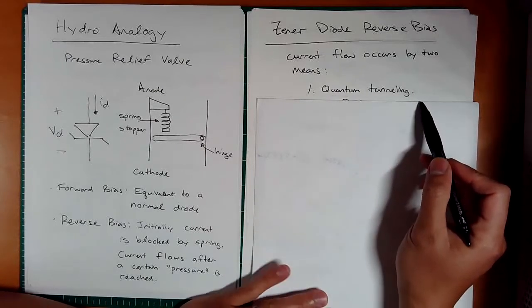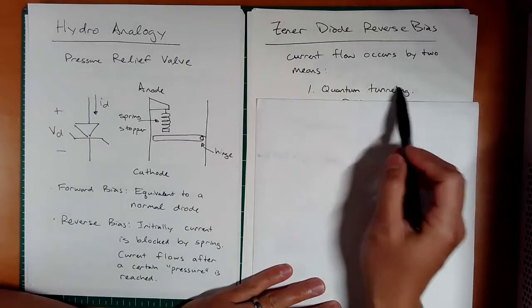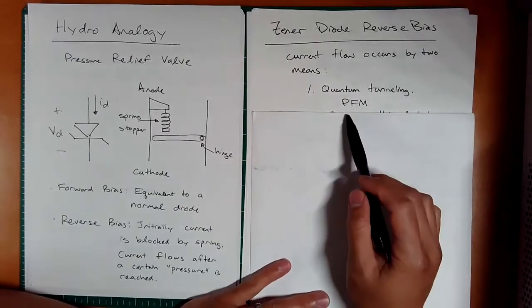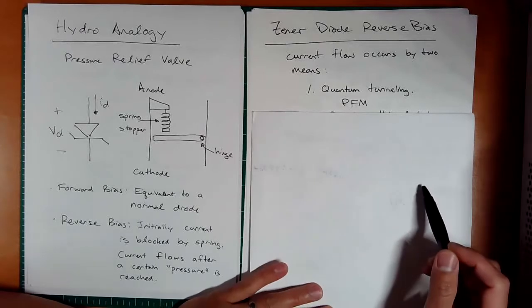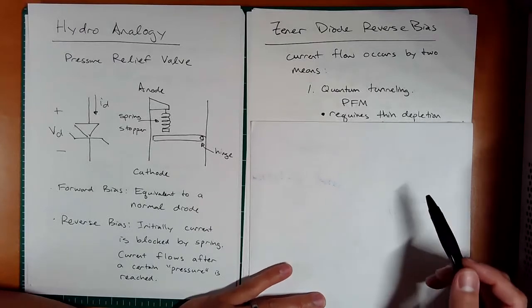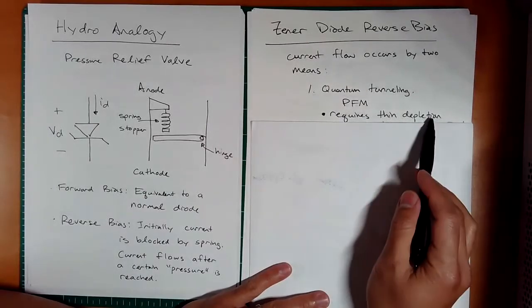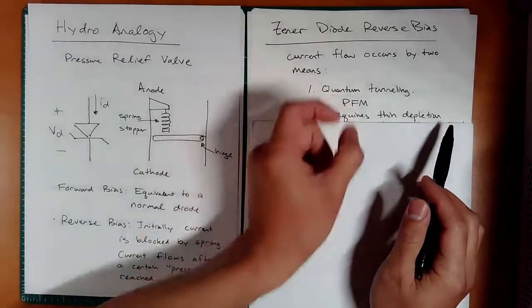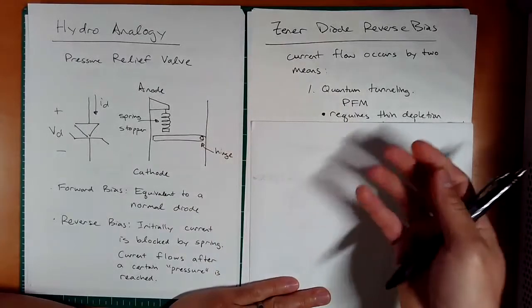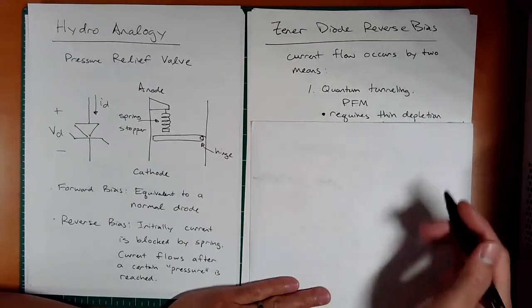I'm not really an expert when it goes down into this low level, so it's a little bit of magic. You kind of have to hit that make-believe button, but basically what it requires is a thin depletion region. If you recall, that depletion region is that little area in between the p-n junction where some of the electrons have joined the holes, and so you get this positive and negative.